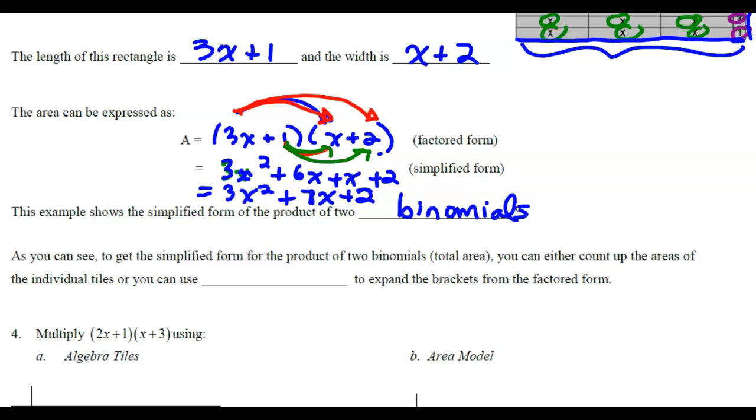So as you can see, to get the simplified form for the product of two binomials, the total area, you can either count up the areas of the individual tiles, or you can use distributive property. Which is really multiplication. That's kind of messy, sorry. Let me just make that tidier here a sec.